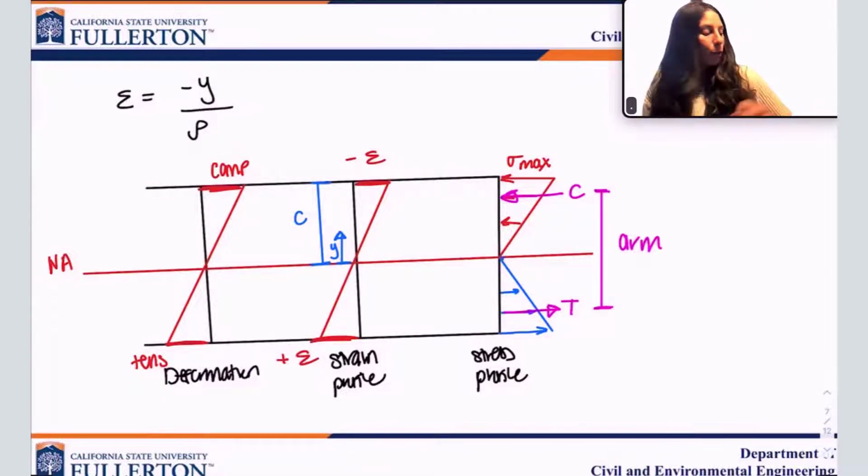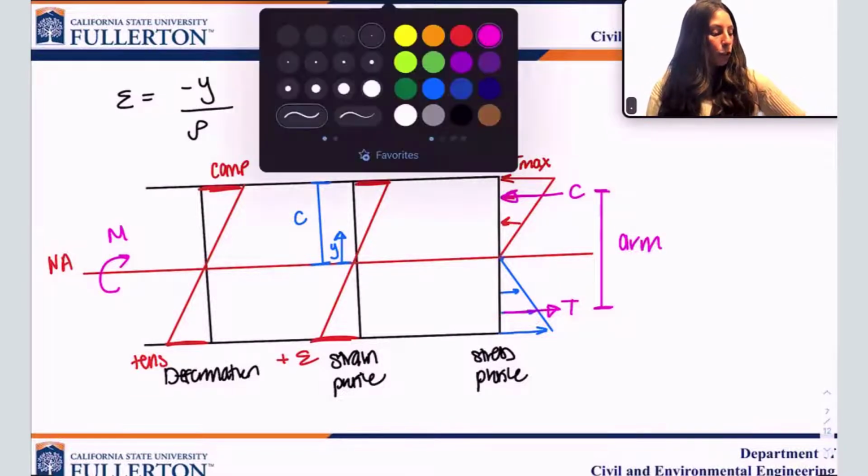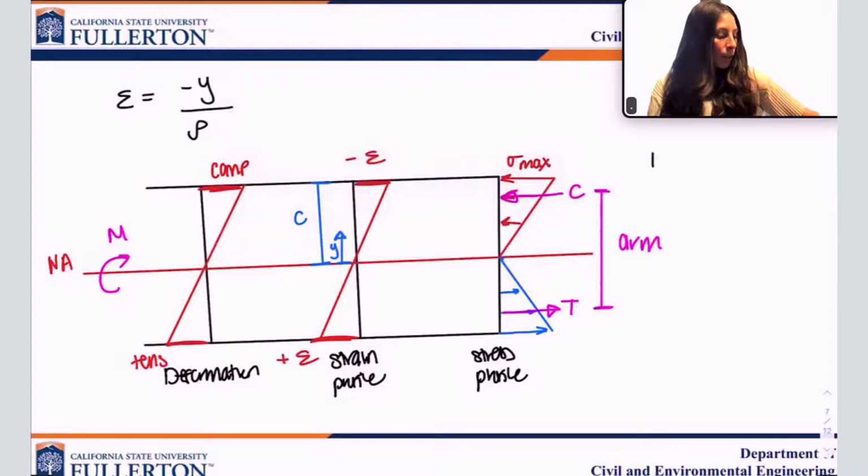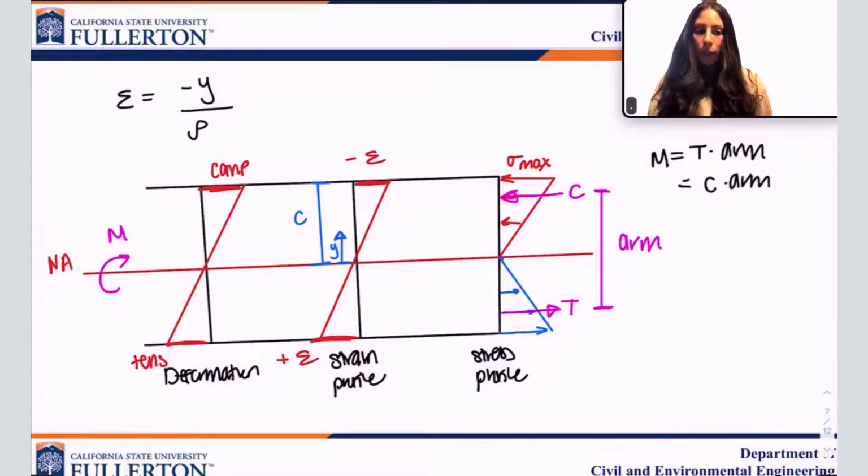So now, this is the moment that's applied, right? This is my applied moment, M. What I have here, I can use similar triangles. I'm also going to skip a few steps, but I do want to show you where I'm getting it from. The moment is equal to either T times the arm or C times the arm, right? That moment arm. This is a couple.